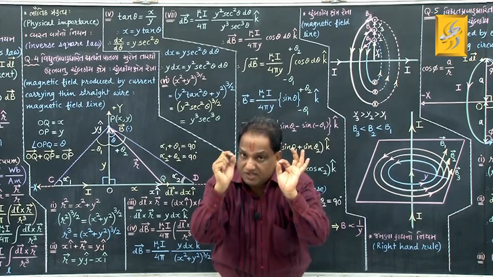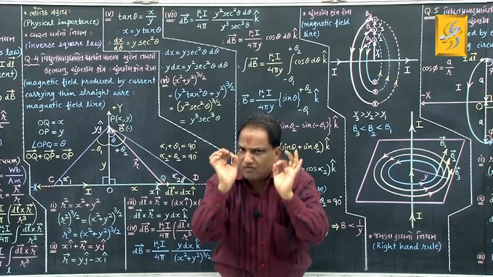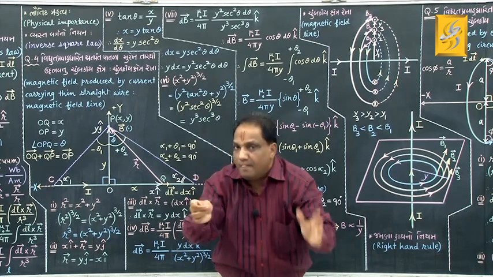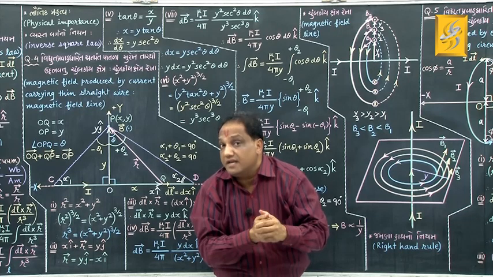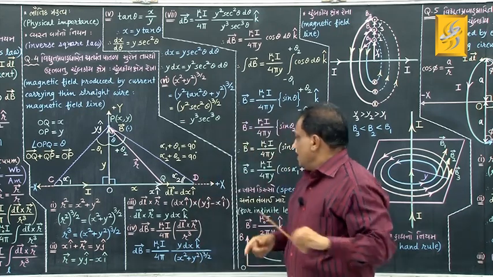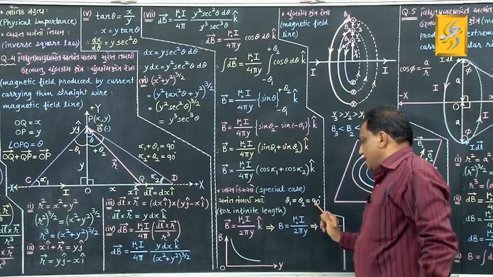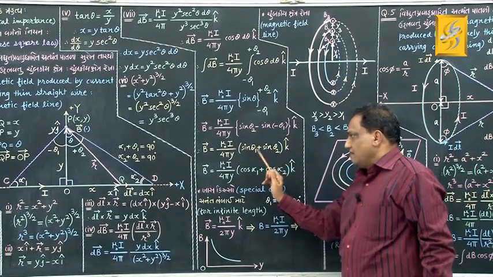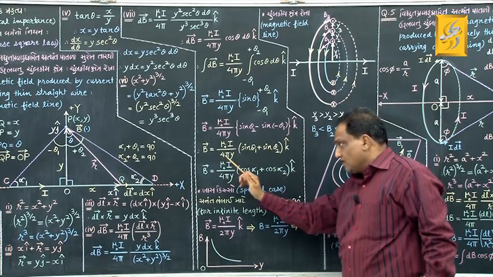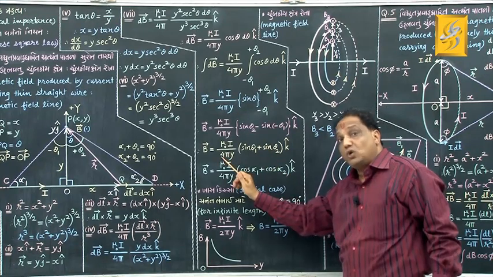So if considered straight current carrying wire is of infinite length theoretically, then theoretically the values of theta 1 and theta 2 you can take 90 degree. If theta 1 and theta 2 both are 90 degree, you can put them here. Sin 90 is 1, sin 90 is 1. 1 plus 1, that is 2. 2 2s are 4. So here it will now appear 2.